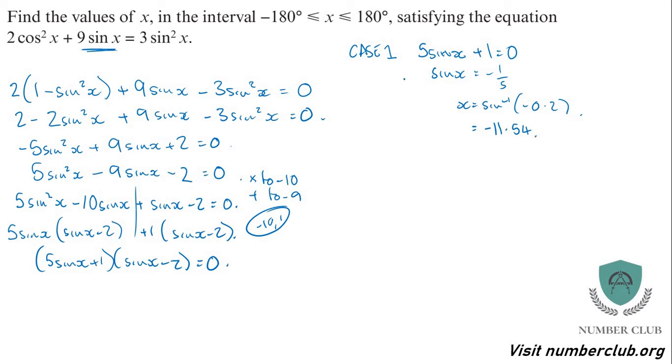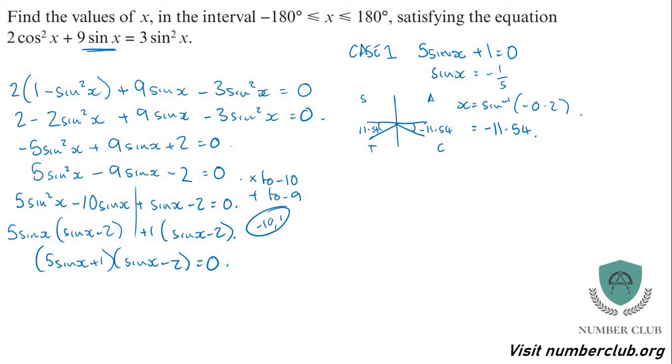And we just need to find out the other points where this works. So we've got negative 11.54, and using CAST, sine is negative in there, so we need the other position where sine is negative, which happens to be here.